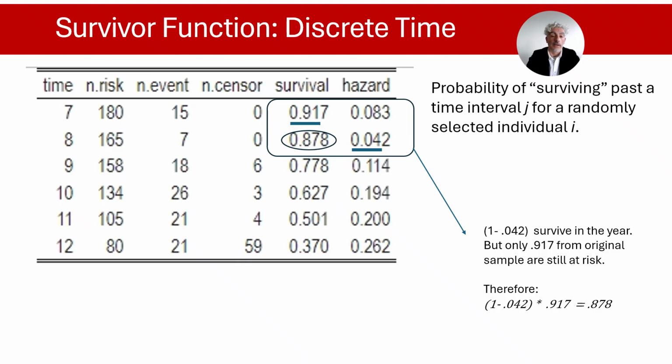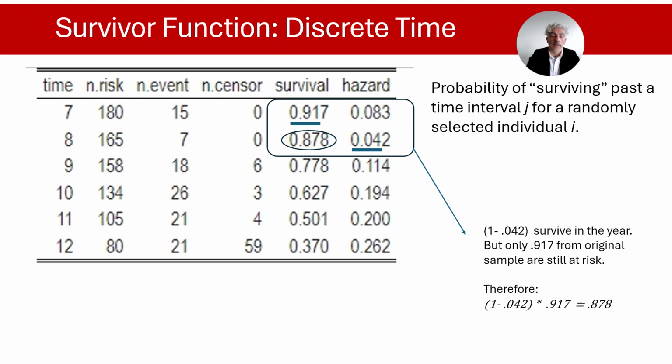That is, it's basically the probability that the participant will not experience the event within a time interval j. And the key distinction between the hazard and the survivor function is that the hazard function represents risk that is uniquely associated with an interval, whereas the survivor function accumulates information about the inverse of risk, that is, the non-occurrence of events over time intervals.